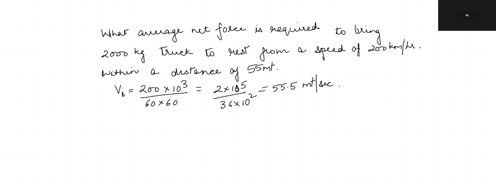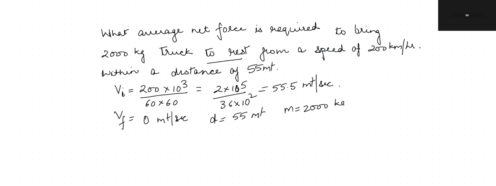Okay. So this is our initial velocity with which the truck is already going. And the final velocity, we want to bring it to rest, so final will be 0 meters per second. And the distance here is given 55 meters and the mass is given as 2000 kg.